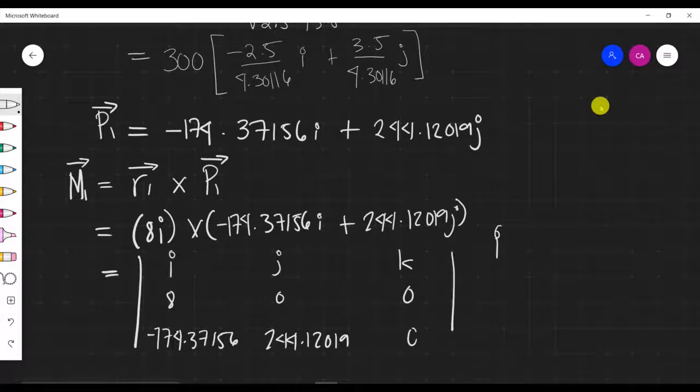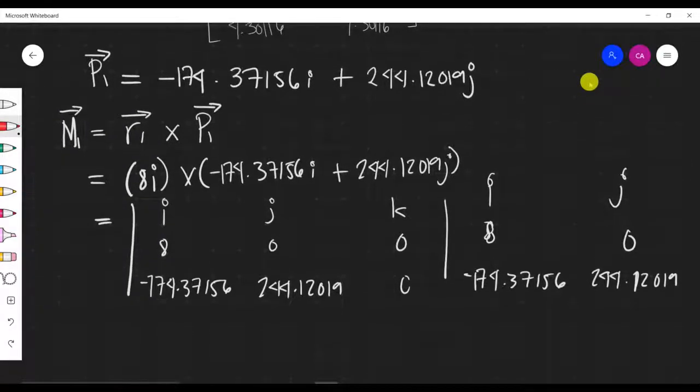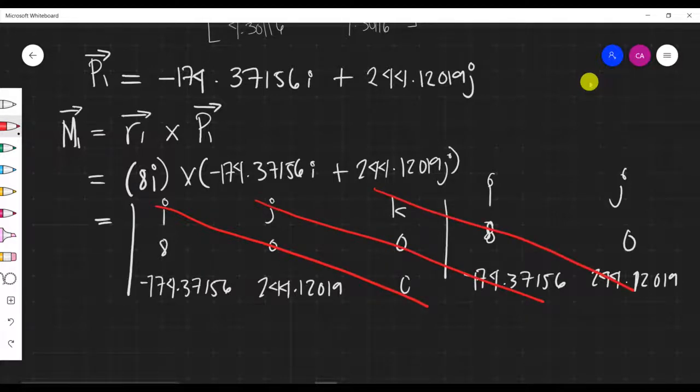Copy mo lang. So let's try basket method. Una 0, 0 may value.